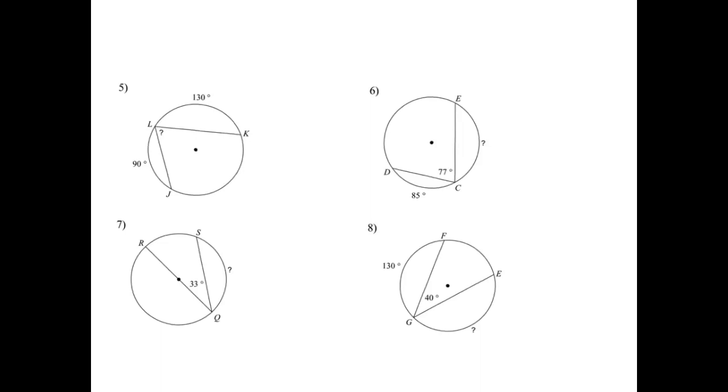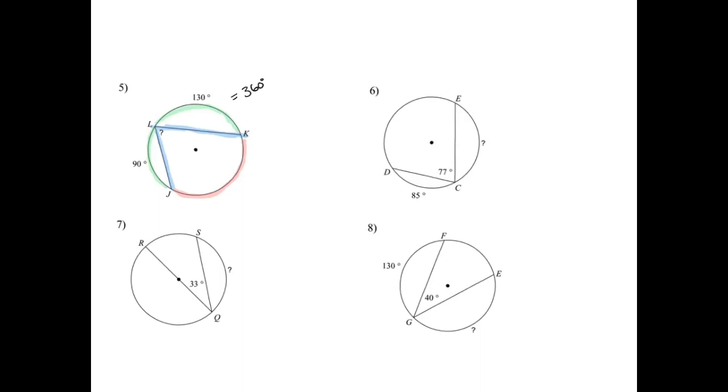In example number 5, I don't know the angle. I'm looking for it, and I also don't know the arc. So I'm going to use the information that's given to me here to help me find the arc, and then I can find the angle. I know that the whole circle adds up to 360 degrees.